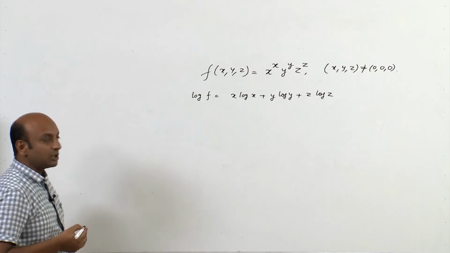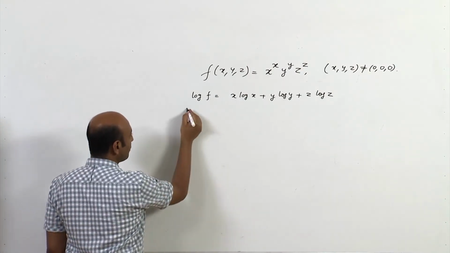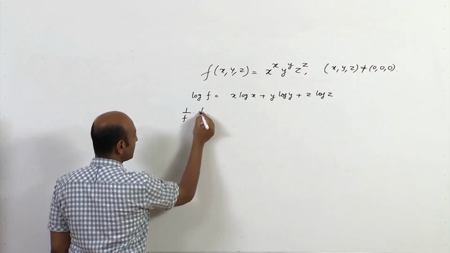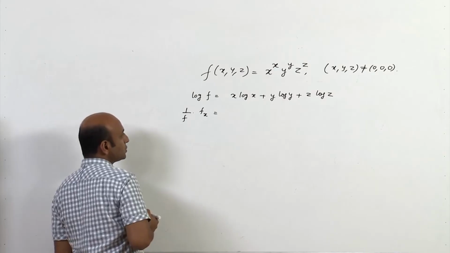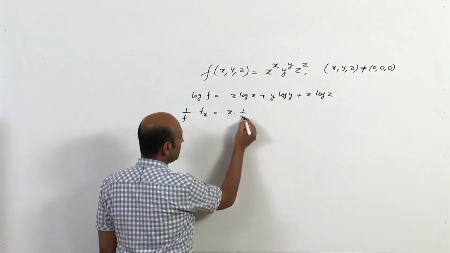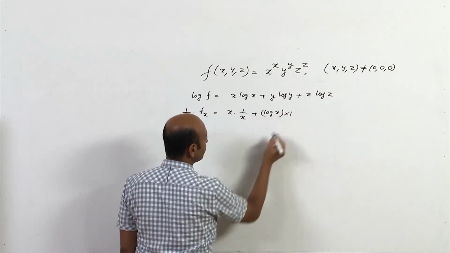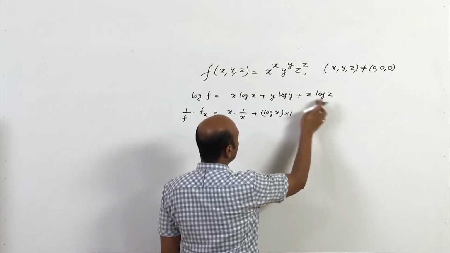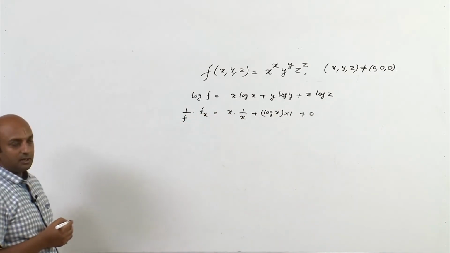Now, differentiate this equation partially with respect to x. So, log f, that is 1 upon f, and f again, that is fx. Now, here both are a function of x. So, you apply product rule, first as it is derivative of second plus second as it is derivative of first, and these two are independent of x. So, the partial derivative will be 0.